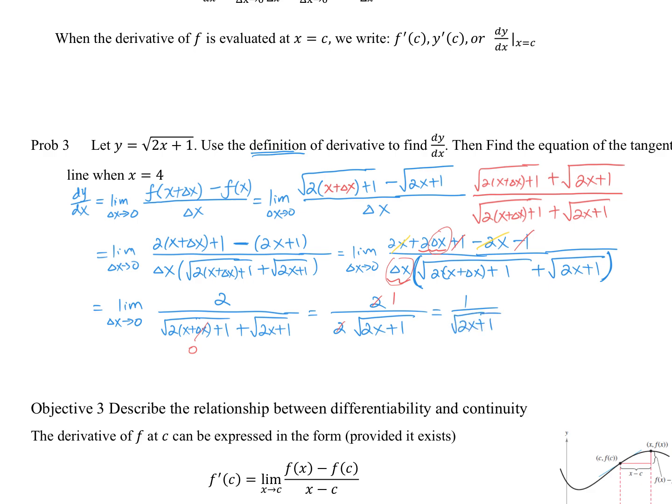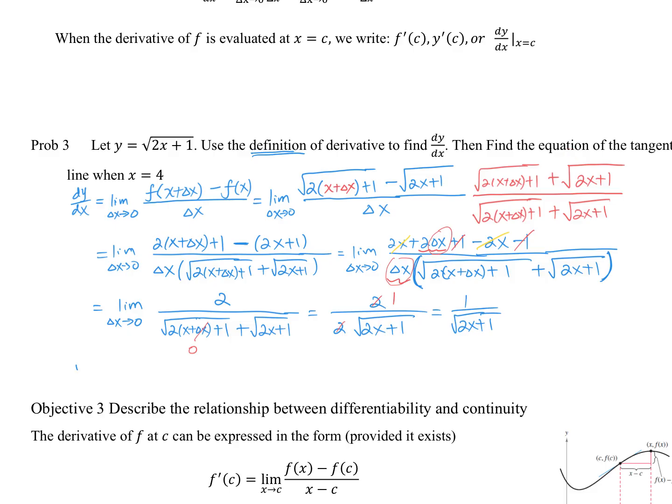So it's a little bit long, but it's definitely a good exercise for us to review how to evaluate the limit. But with that, this is actually the so-called derivative of this function. And when x is equal to 4, we need to find the equation of the tangent line, which means we need the slope, right?